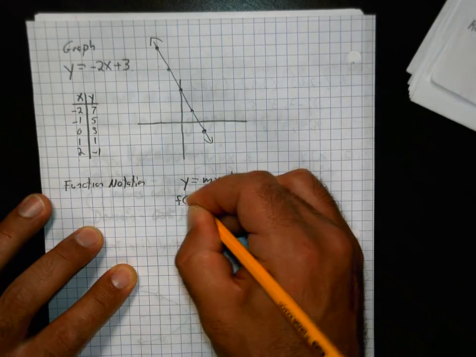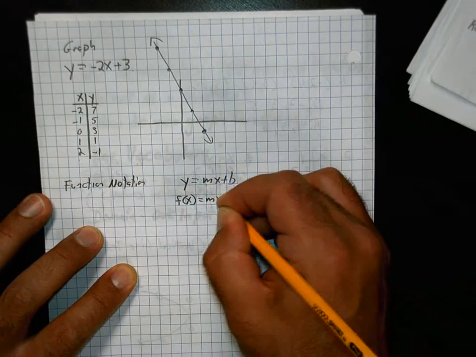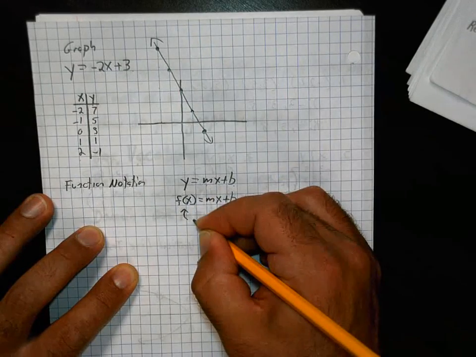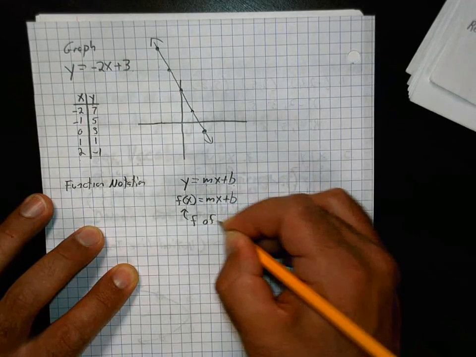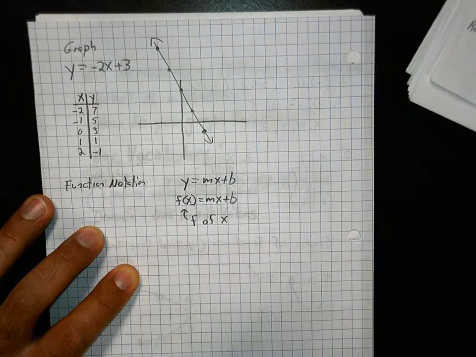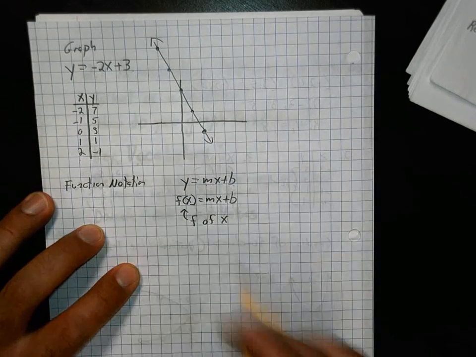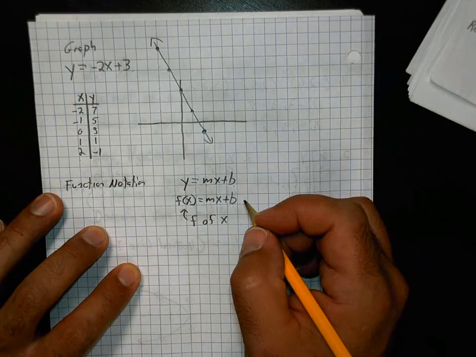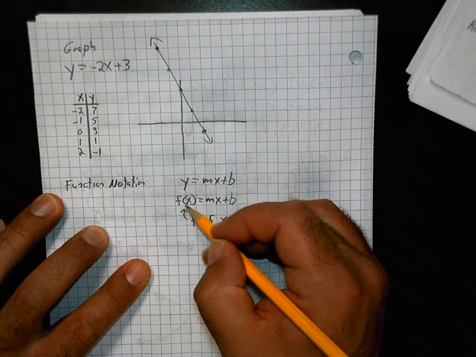This would be function notation. The way you'd read that is you'd say f of x equals mx plus b. All it is, is another way to write y equals mx plus b. A lot of times, the parentheses here do not mean multiplication.